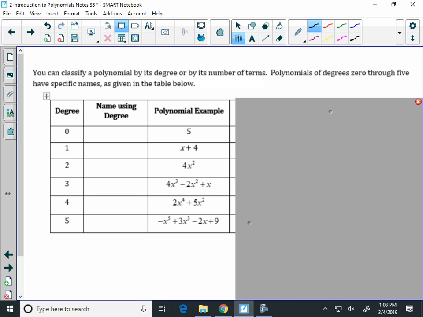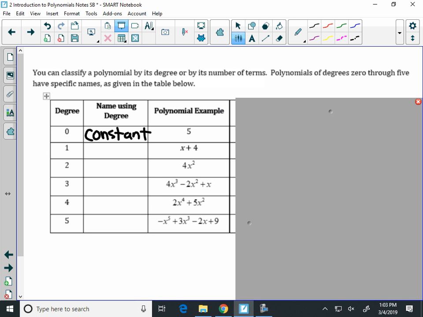If I have a polynomial with degree 0, that would be something like 5, the number 5. That is called a constant. So anything with degree 0 is called a constant. Now degree 1.